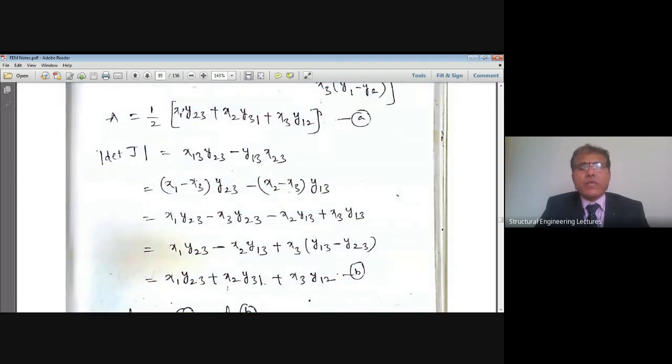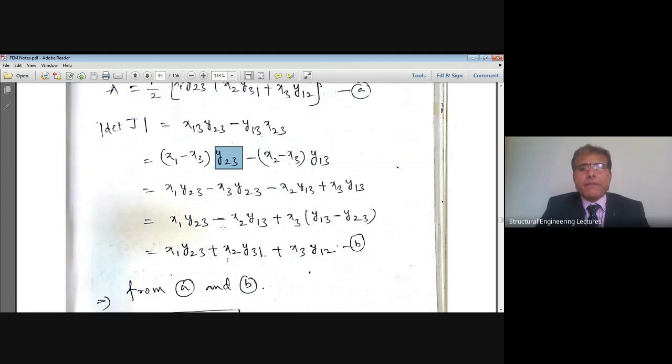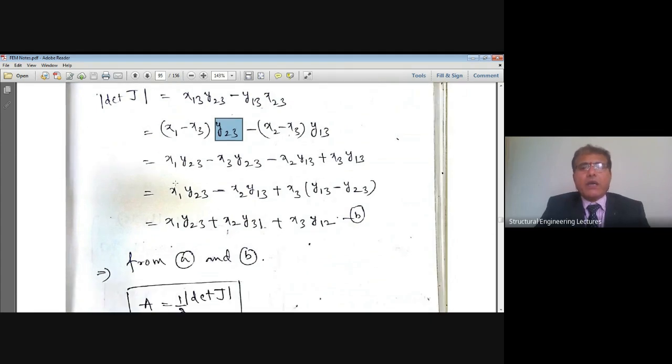Therefore, x1 minus x3 multiplied by y23, minus x2 minus x3 multiplied by y13. But this is x1 multiplied by y23 minus x3 multiplied by y23, minus x2 multiplied by y13, minus of minus plus x3 multiplied by y13. Now I'll take this x1 multiplied by y23 plus this x2 multiplied by y13, and y13 can be written as minus y31. Therefore, minus of minus plus will become plus. Hence, plus y31.